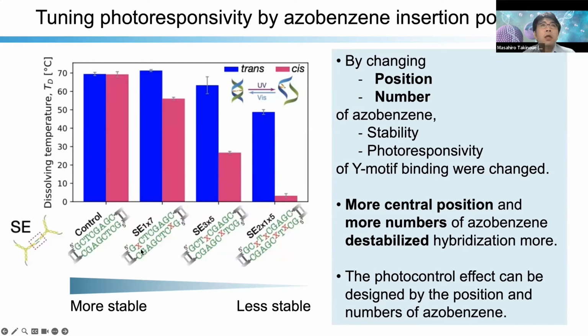So if we change the azobenzene position and the numbers, the stability changes like this. So it means that the stability or responsiveness to the light can be programmed based on the azobenzene insertion position and the numbers.